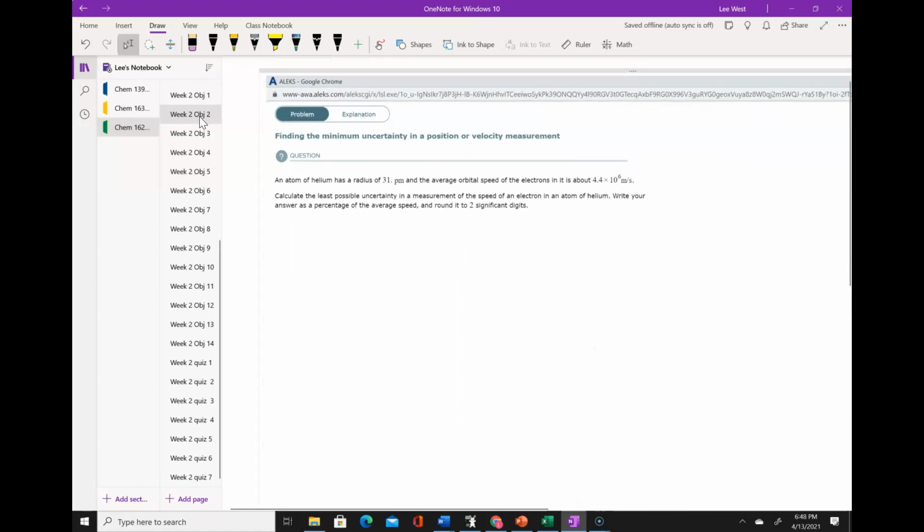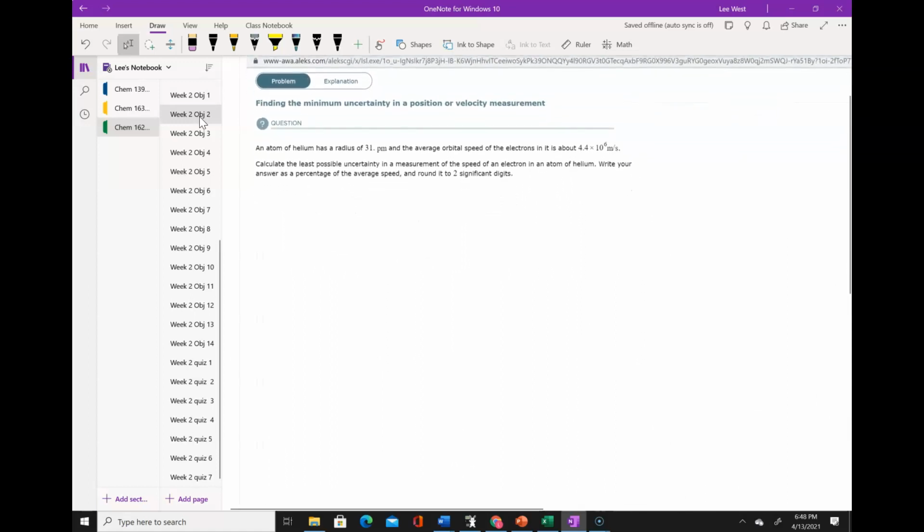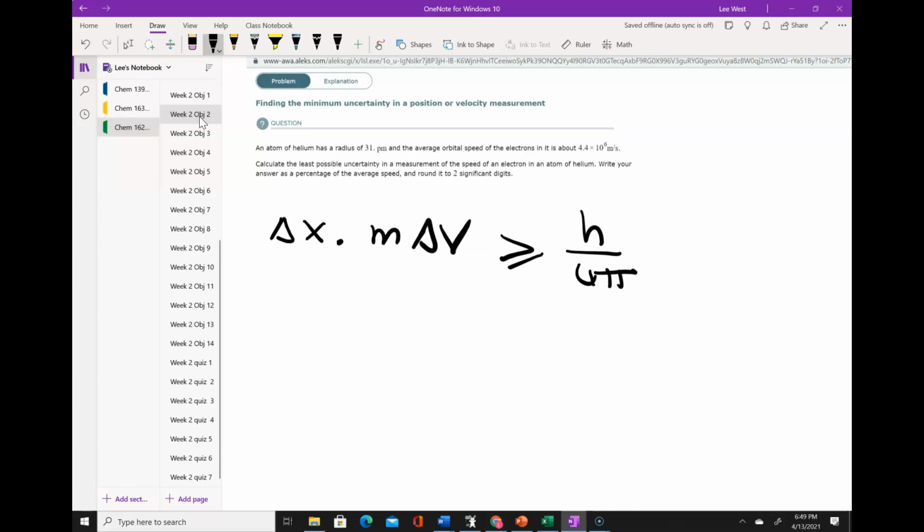All right, finding the minimum uncertainty in a position or velocity measurement. So it sounds like it's going to be Heisenberg's uncertainty principle. So what we know is this: delta x times the mass multiplied by delta v is always greater than h on 4 pi.